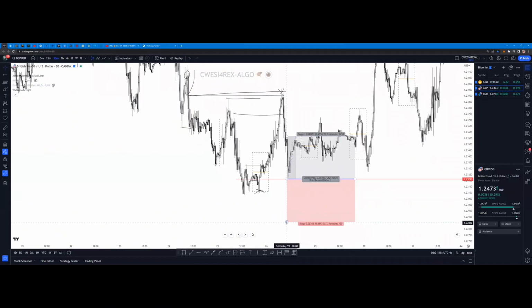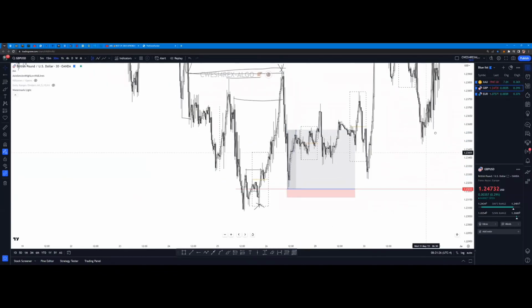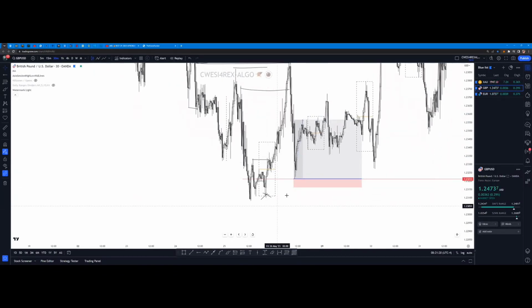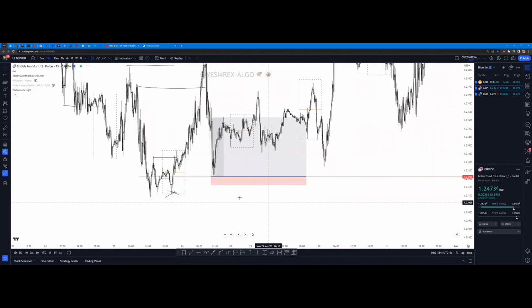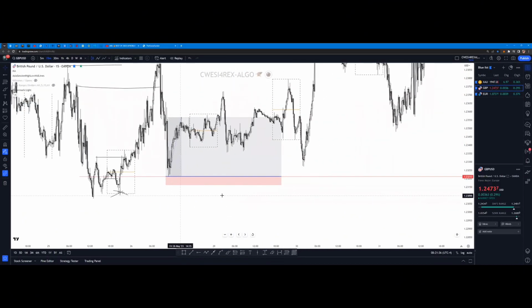Without any drawdown, right? So first, what we do is you can use a maximum of 5 pips stop loss, right? Or you can go to the lower time frame and get your stop loss level, which I've recorded a video on.